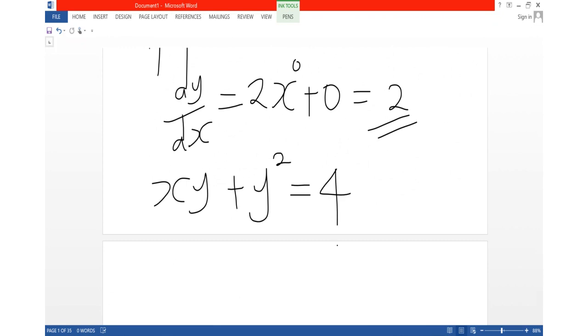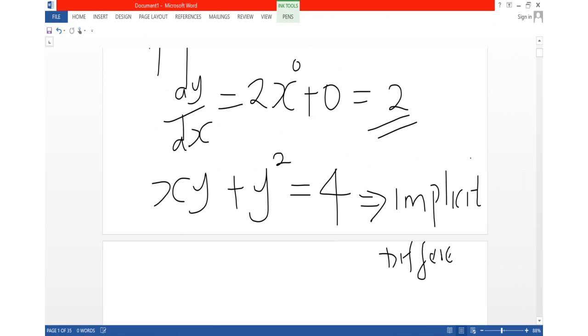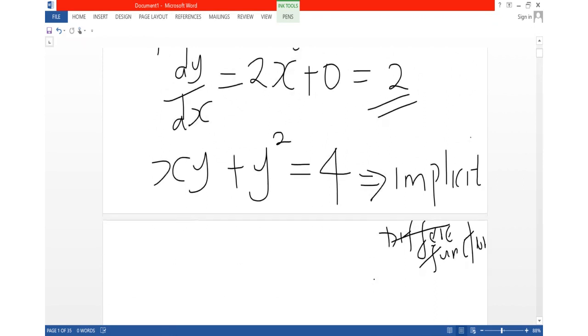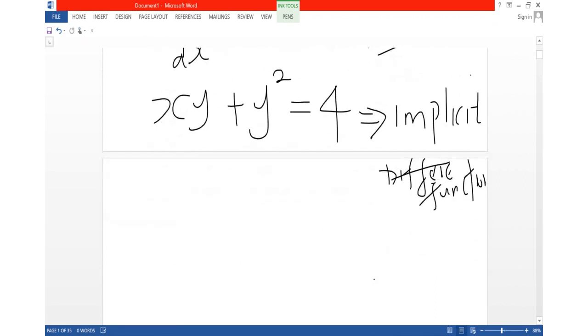So this function, we call it what? Sorry, implicit function. It's called implicit, whereby you cannot make y the subject of the formula. We call it an implicit function, and it is still possible to differentiate this one the normal way.